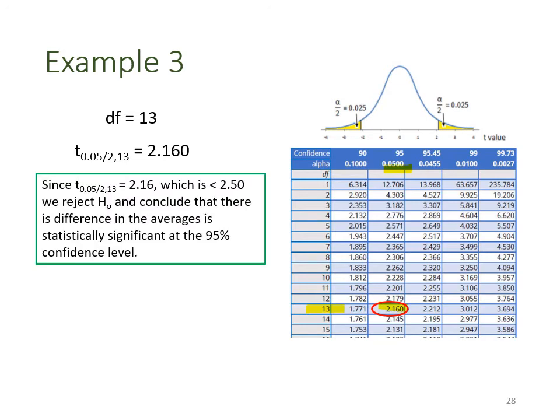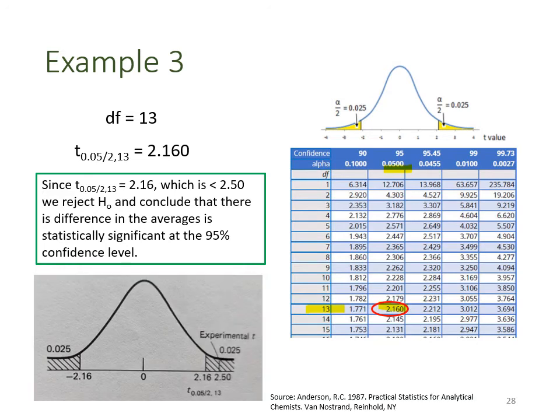We calculated an experimental t-value of 2.5. Since our experimental t-value is greater than the critical t-value, we reject the null hypothesis and we conclude that there is a difference in the averages at a 95% confidence interval. So we can say that that difference is statistically significant.